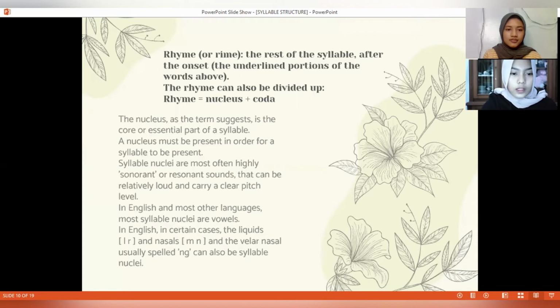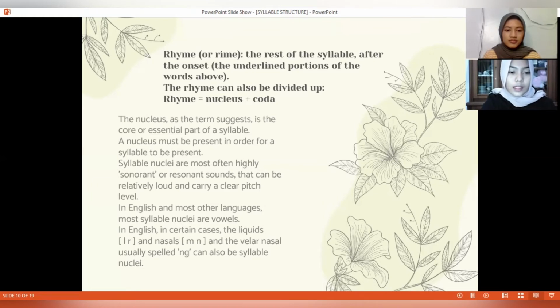The nucleus, as the term suggests, is the core or essential part of a syllable. A nucleus must be present in order for a syllable to be present. Syllable nuclei are most often highly sonorant or resonant sounds that can be relatively loud and carry a clear pitch level.